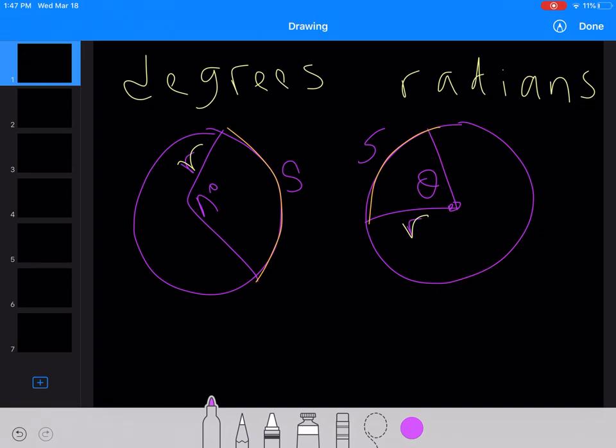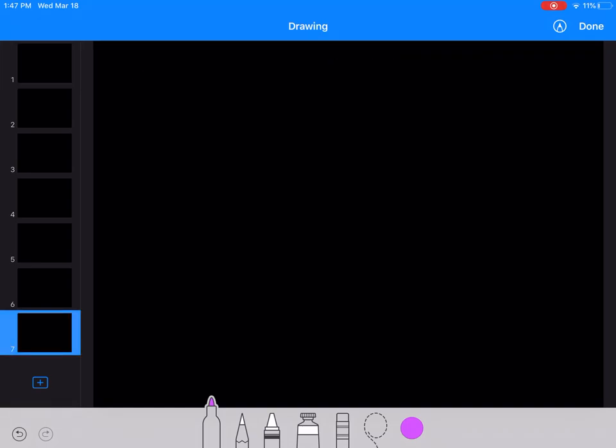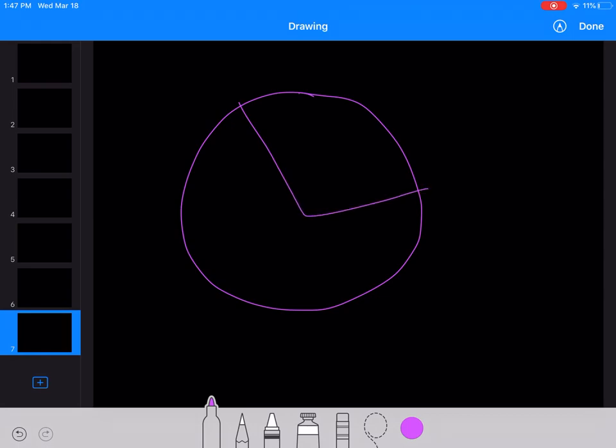Let's look at now one in radians. So we're given this circle here. That's H, J, K, and Q is in the center.